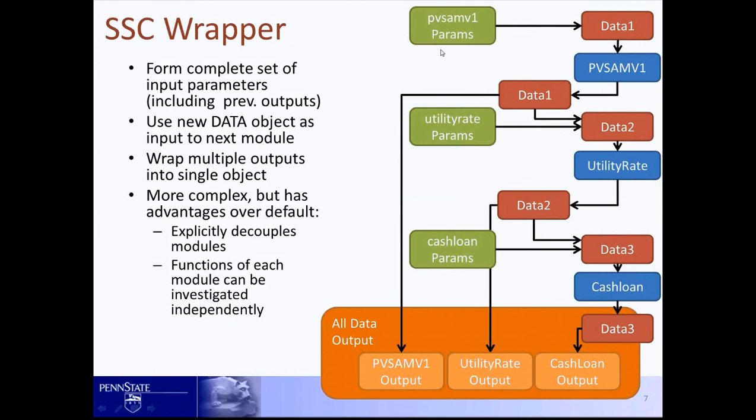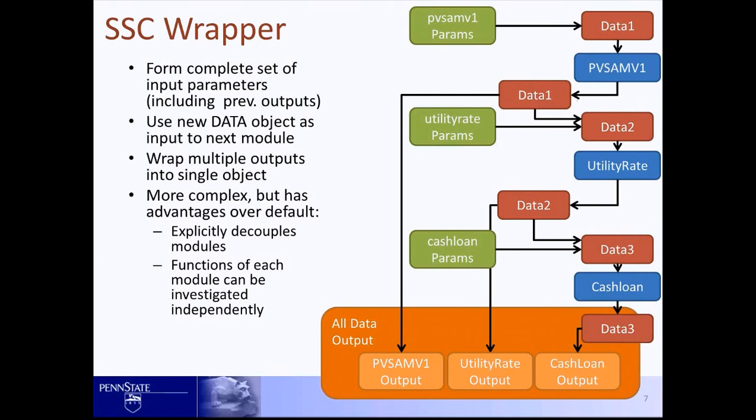So what we did is we created objects to represent each set of parameters that go with each module. There's a PV-SAM V1 parameters, a utility rate parameters, and so on. And then each module is called individually with those parameters. So we create a data object, pass it to PV-SAM V1, and we get that data back out.